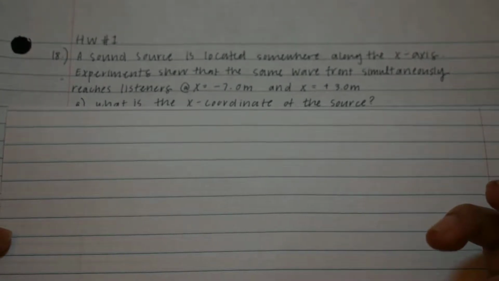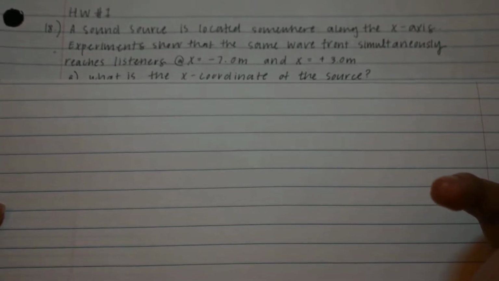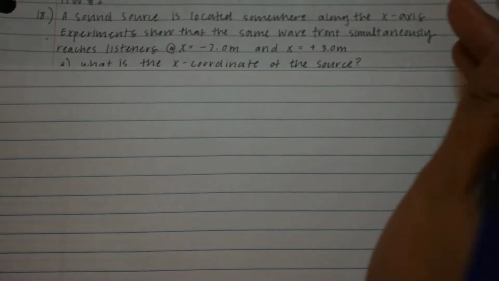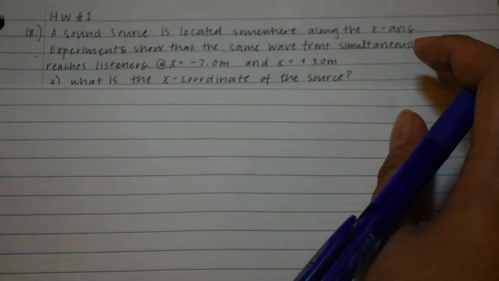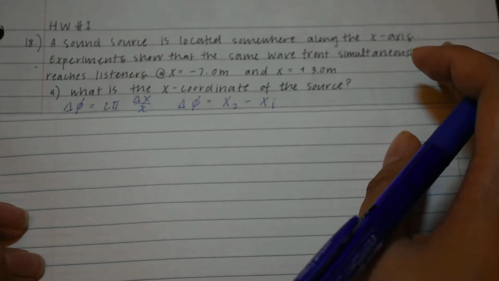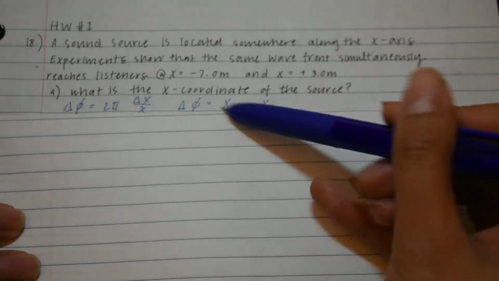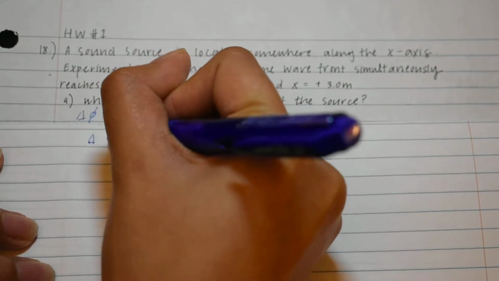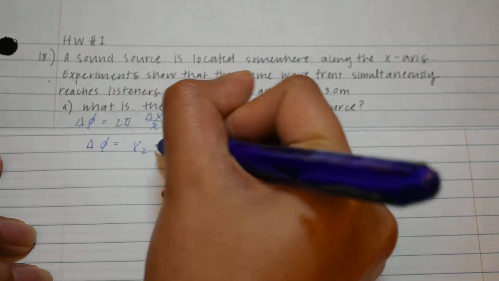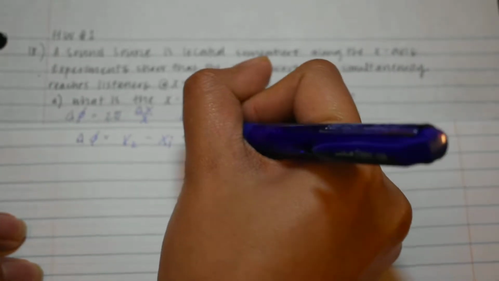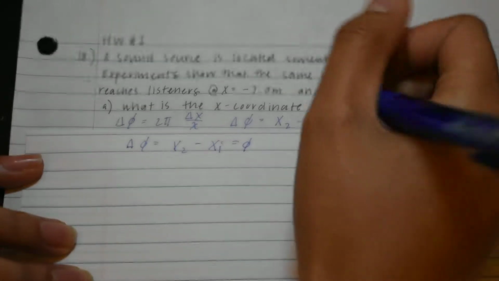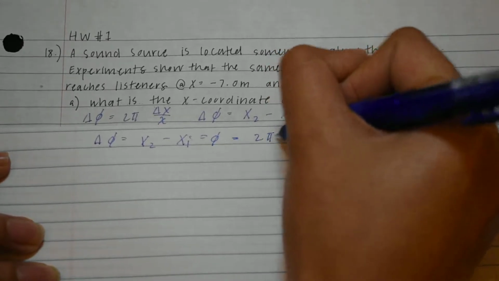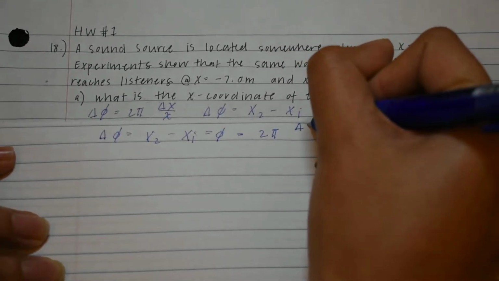We know that because the same wavefront reaches the listeners at the same time, we can set phi, the phase difference, to 0. So these are the equations that we know. We can set this to 0 and then use that to solve for delta x.